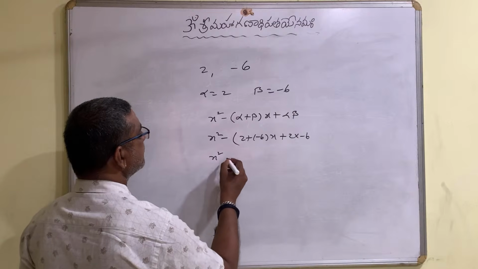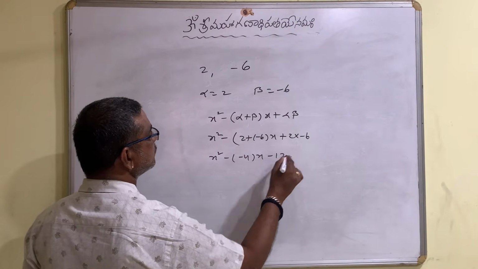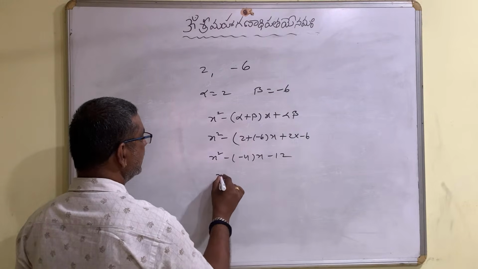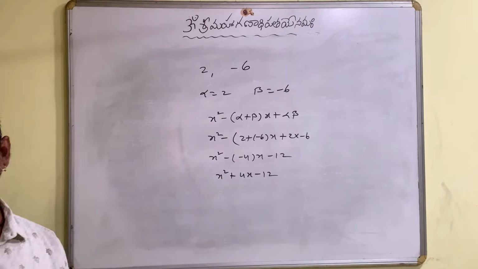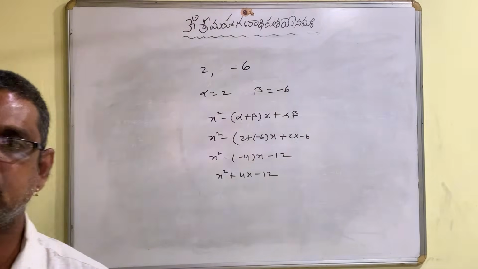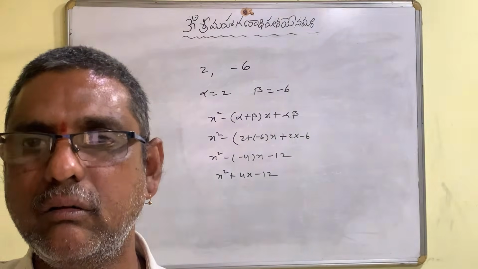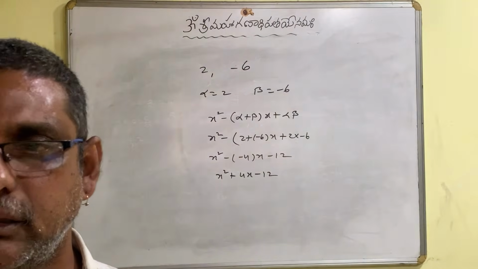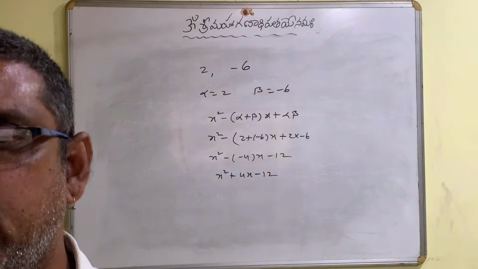X square minus of minus 4x minus 12. X square plus 4x minus 12. Okay, na? This is how to find the polynomial when its zeros are given.